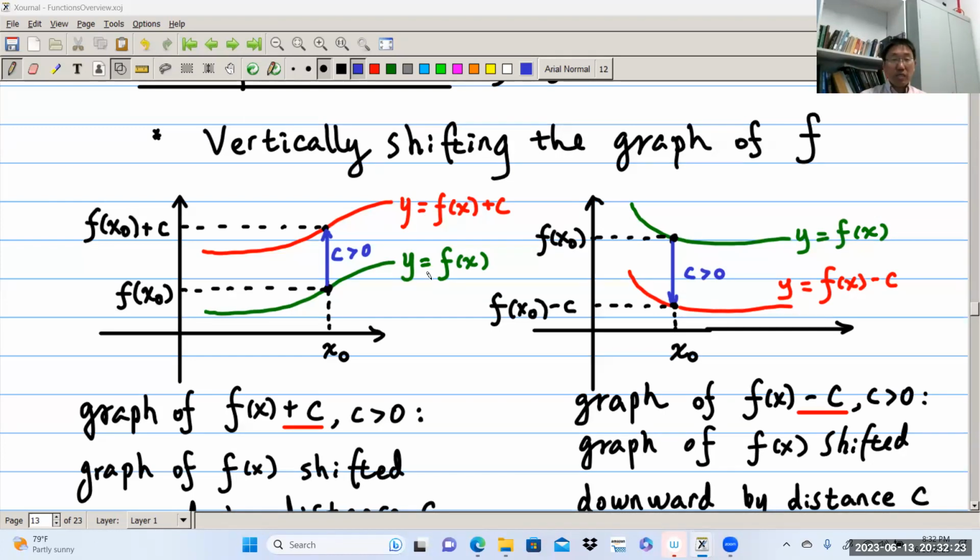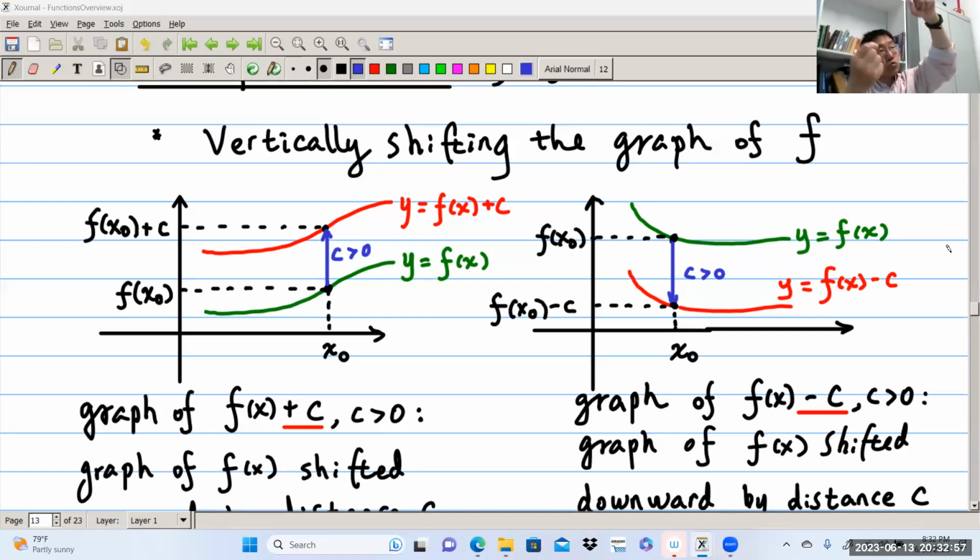So graphically speaking, suppose x naught is the input for f, then the output is f at x naught. But what's the output of y equals f of x plus c? You just add c to f of x naught. So that point, x naught, f of x naught, is shifted in a vertical direction, because you add c. If c is positive, you lift that point upward by c units. If you subtract c, you move that point down by c units.